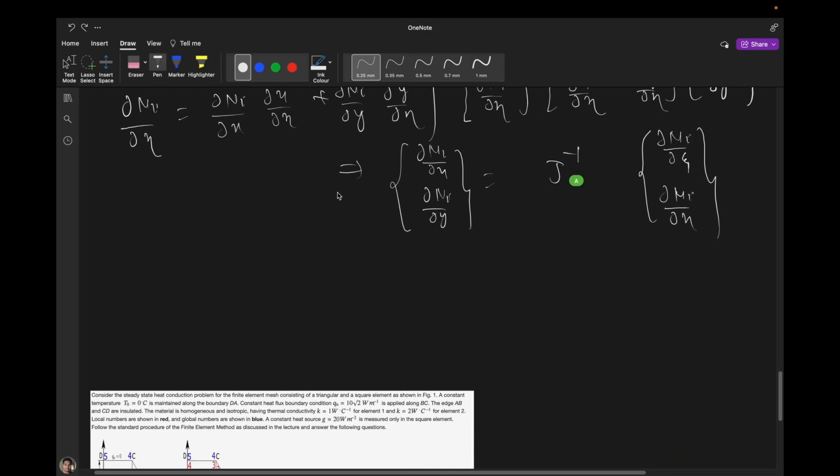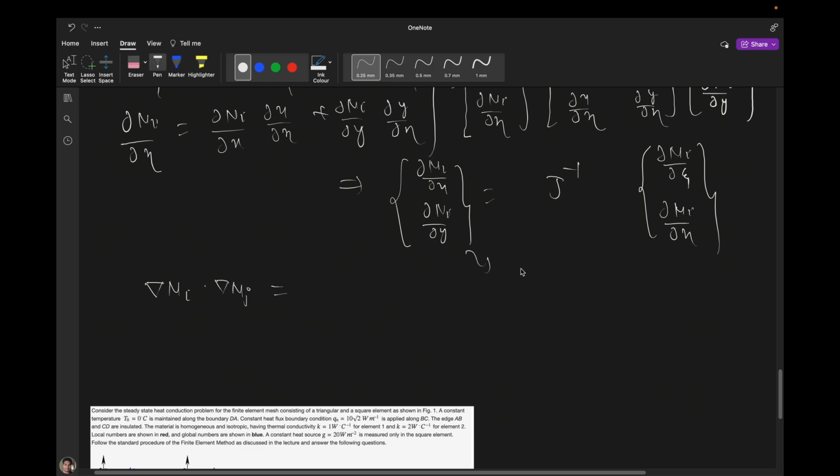So which means that gradient n_i dot gradient n_j can be written as, okay, this is del n_i, and this is del bar n_i, which means I want to partially differentiate with respect to xi and eta.